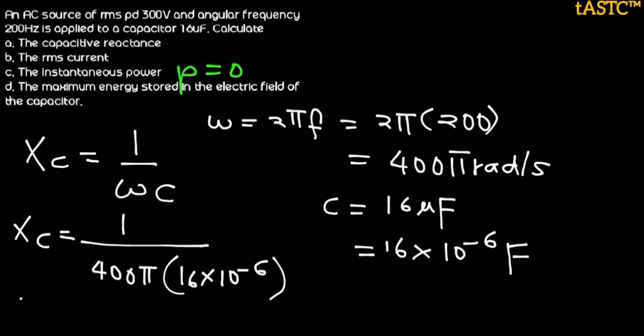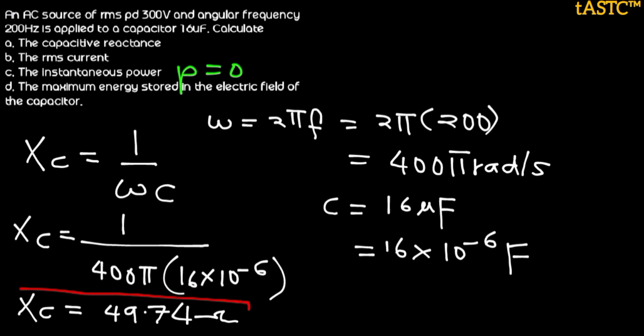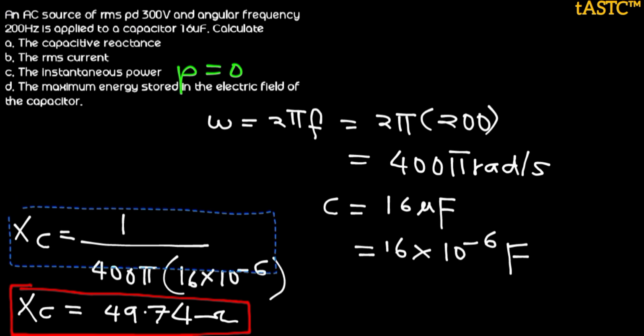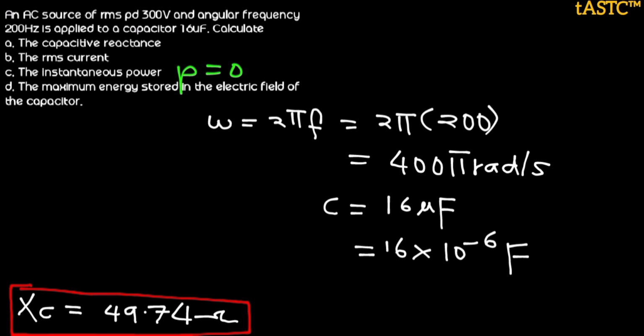That gives us 49.74 ohms. So this is the answer for the capacitive reactance. We just need to place it somewhere, so you need to hold that at the back because we're really going to use it in the second question.